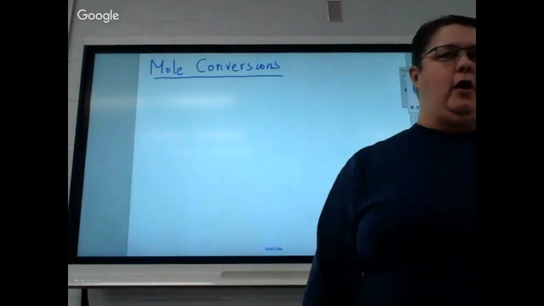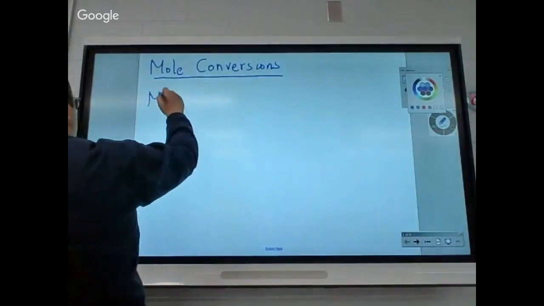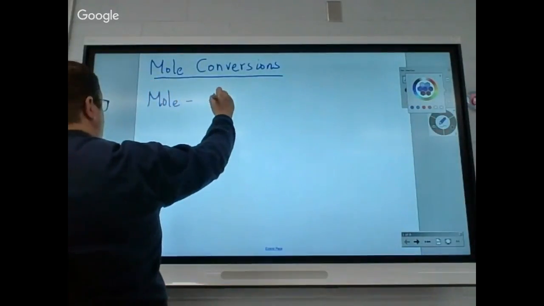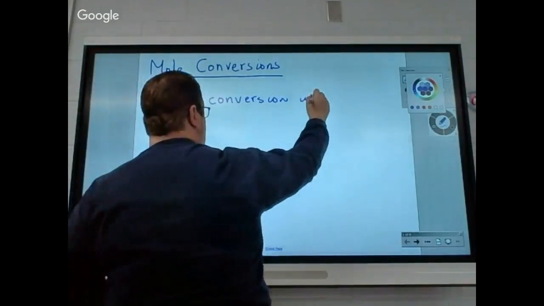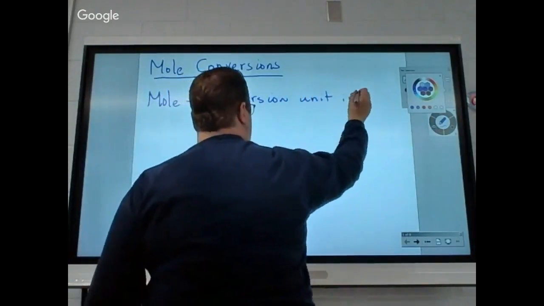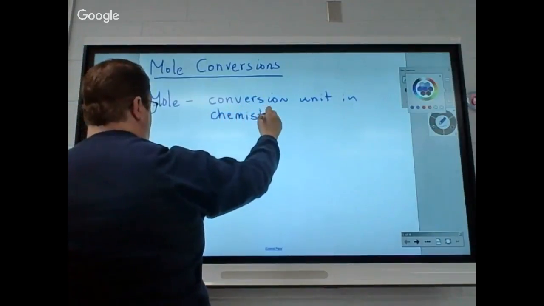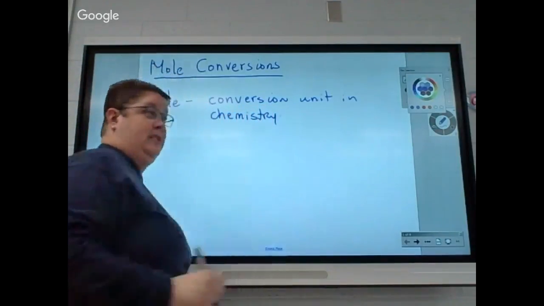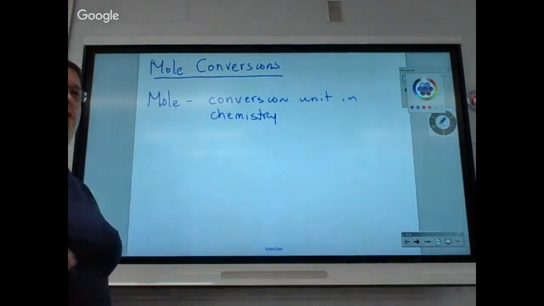Now, first of all, what is a mole? A mole is basically a conversion unit in chemistry. That's what it's designed to be. That's why there's lots of them around the room and why we have the multicultural bulletin board at the back of the room.